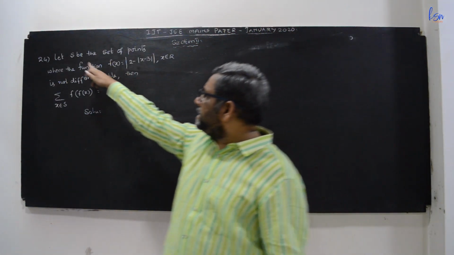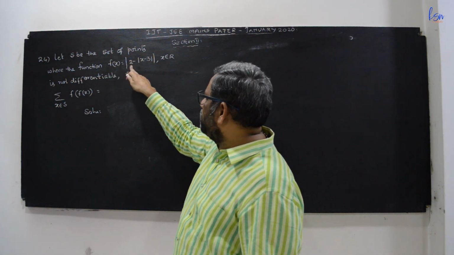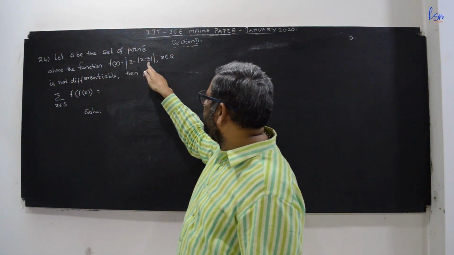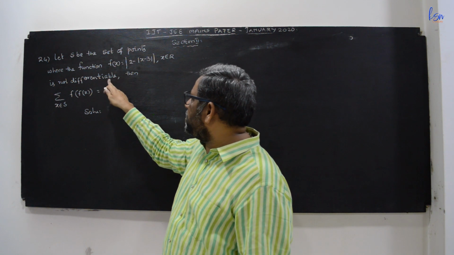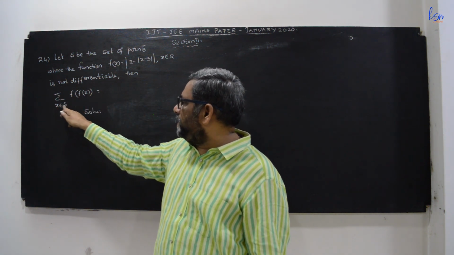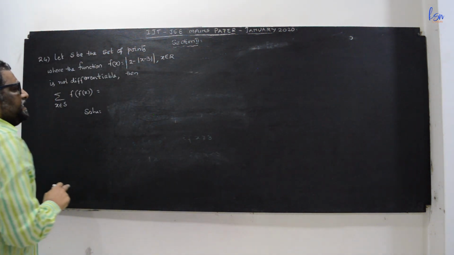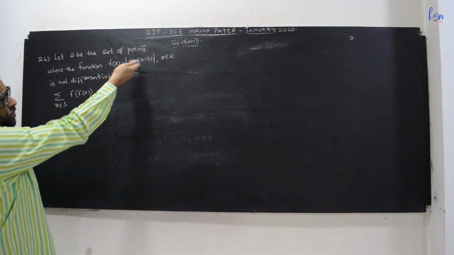The next problem is, let S be the set of points where the function f(x) = |2 - |x - 3|| for x belongs to R is not differentiable, then the sum of f(x) for x belongs to S is. You can directly say that it is not differentiable at x equal to 3, and also you can find the rest.